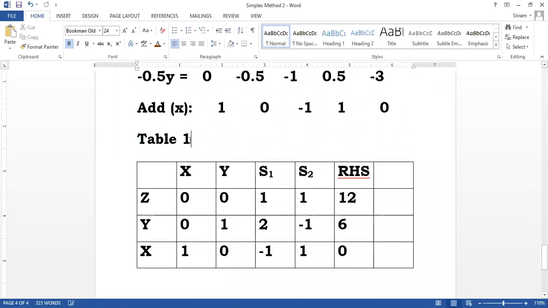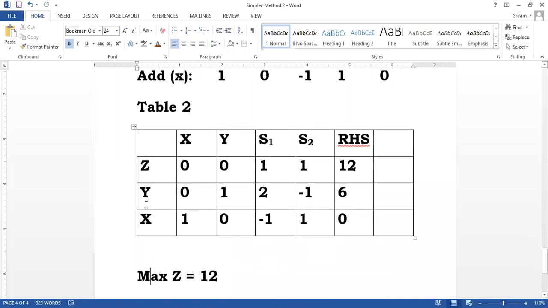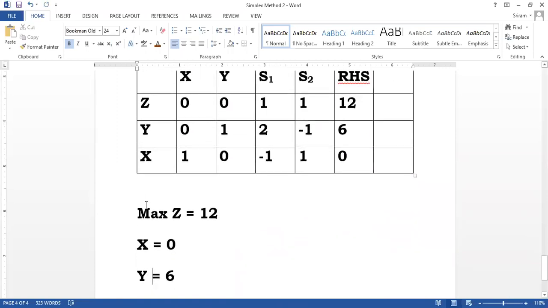Checking there, all the Z values are positive, so we have reached the maximum. The corresponding values: Z is 12, X is 0, Y is 6. This is called solving the linear programming problem using LPP. Understand the idea?